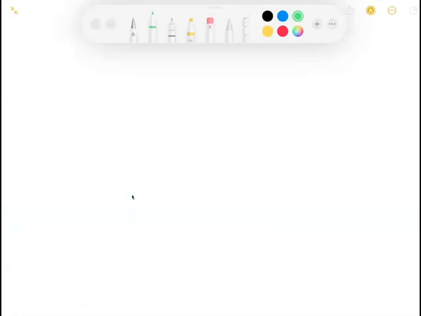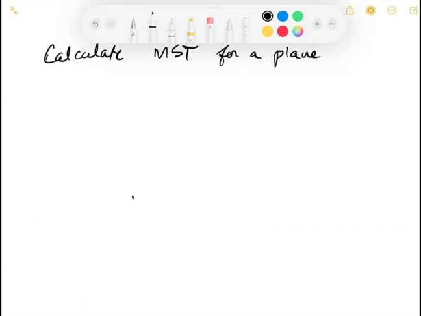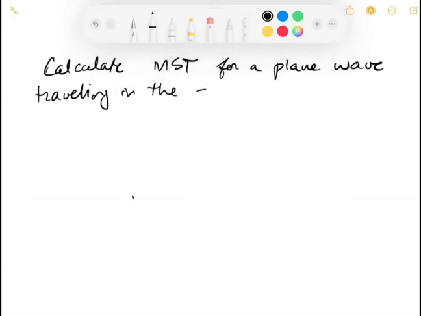Okay, now, finally, let's talk about one particular type of wave. So let's calculate the Maxwell stress tensor for a plane wave traveling in the plus z direction.